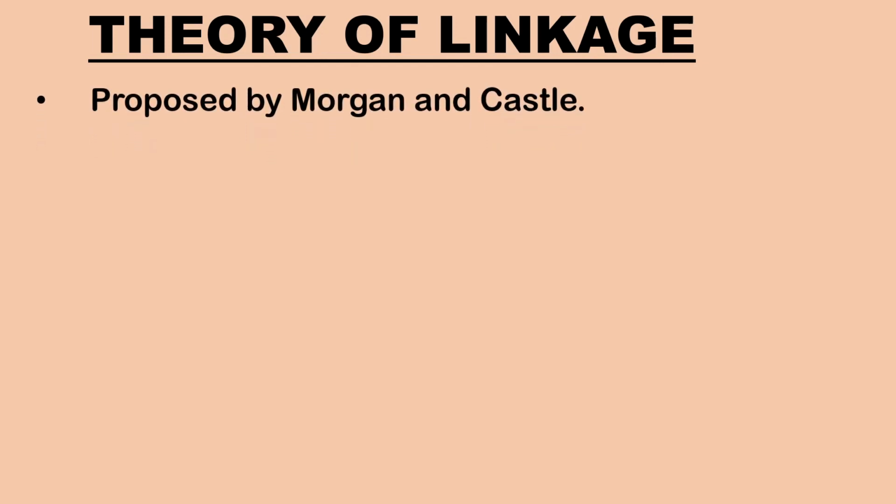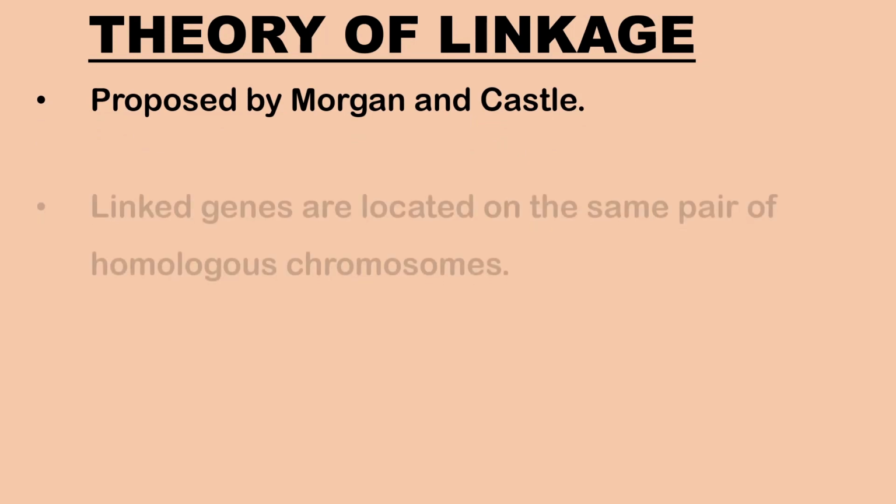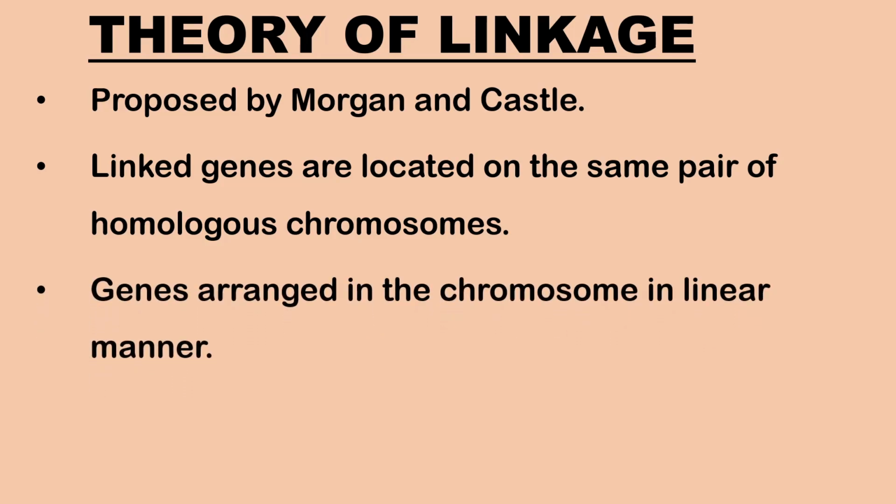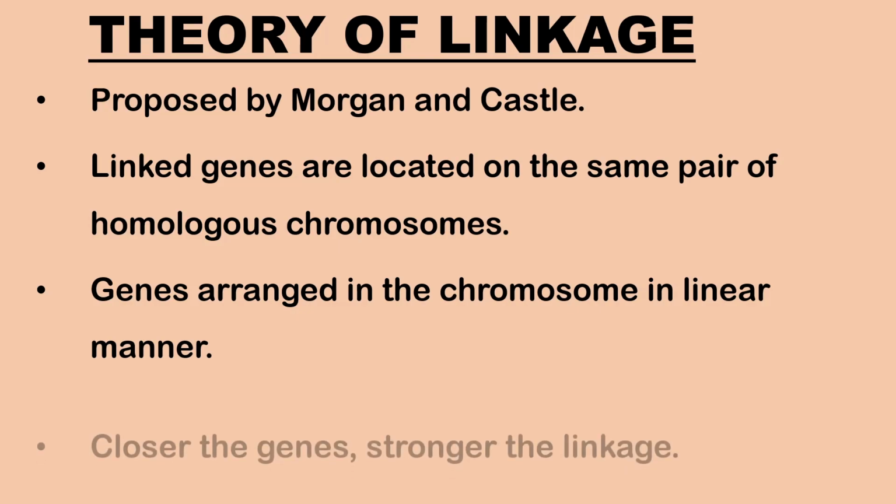Next, let us look into the salient features of theory of linkage. Morgan and Castle formulated the theory of linkage. Genes that show linkage are located on the same pair of homologous chromosomes. Genes are arranged in a linear manner on the chromosome.